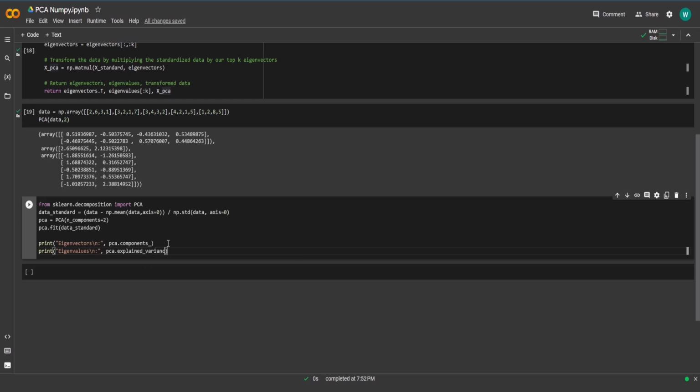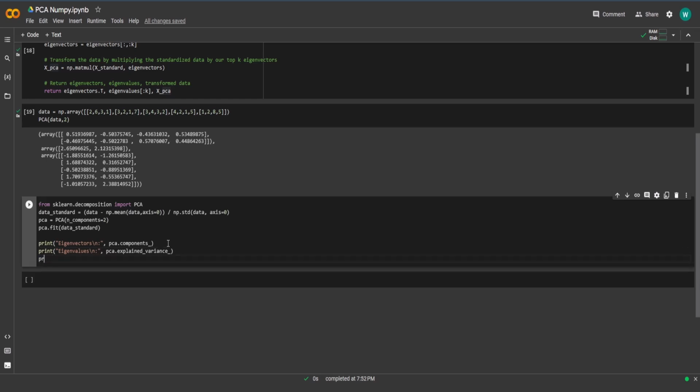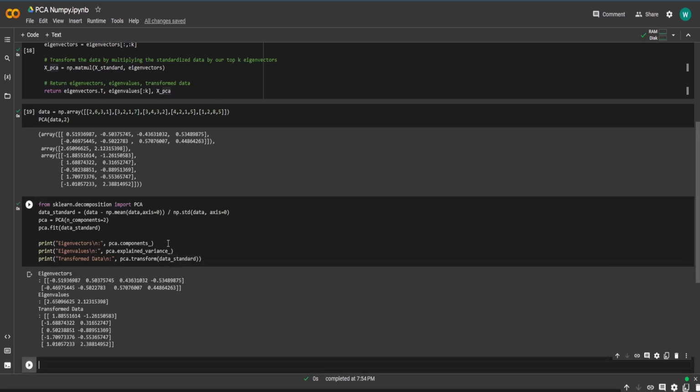I'll get into a little bit of what this means shortly, but that's the way to print out your eigenvalues. Okay, so what about our transformed data? To print out your transformed data, we can do it like this: PCA.transform onto our standardized data. Okay, the output looks a little funky, so let's go ahead and fix that real quick.